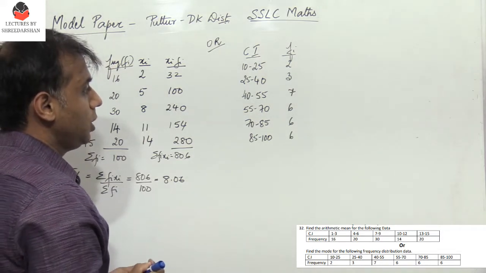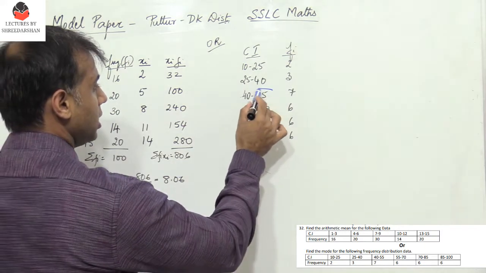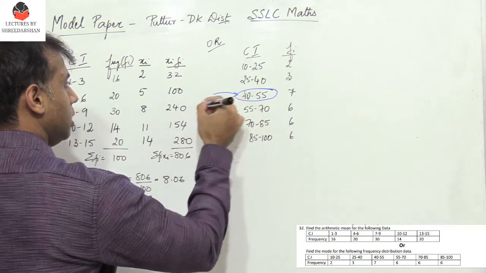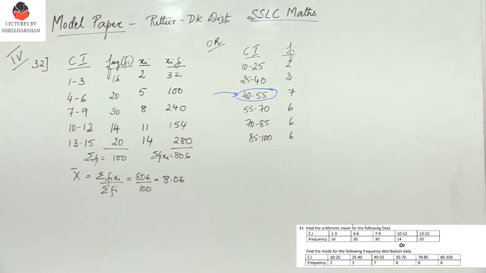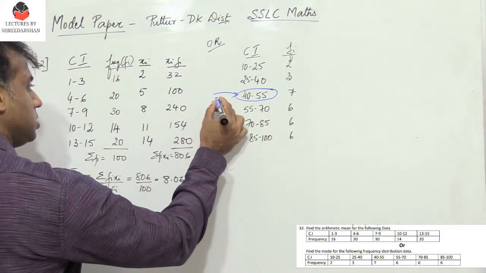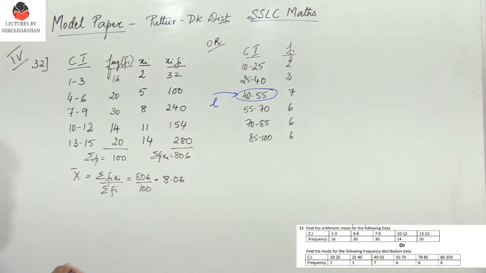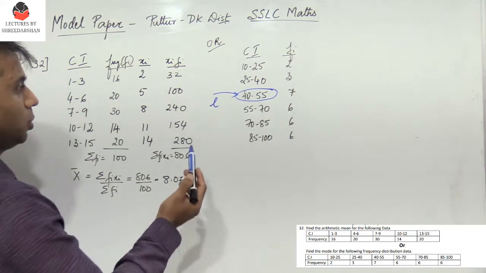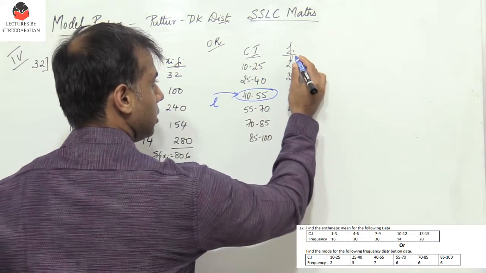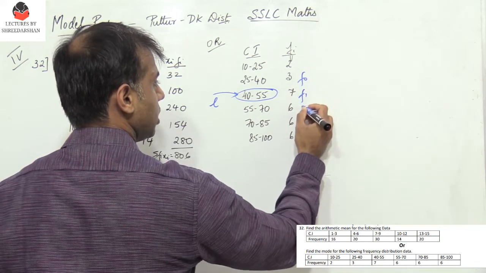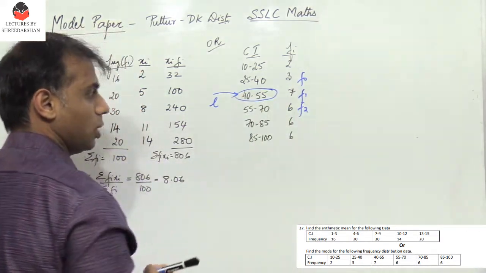So therefore, I identify this as the modal class between 40 and 55. So therefore, once you identify the modal class, then L happens to be the lower limit of the modal class, which is 40. So once you identify the modal class, then the frequency is F1. The previous one is F0 and the next one is F2.